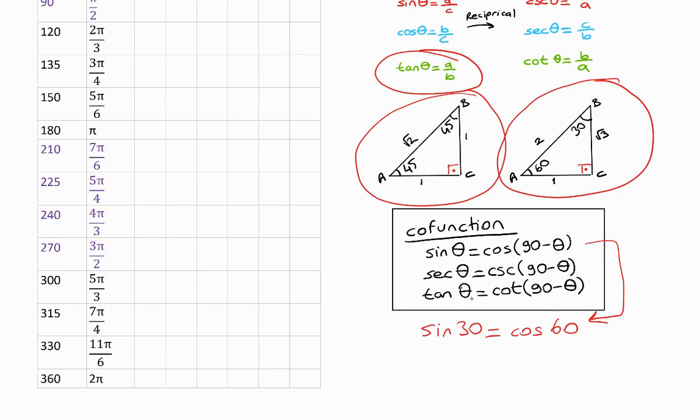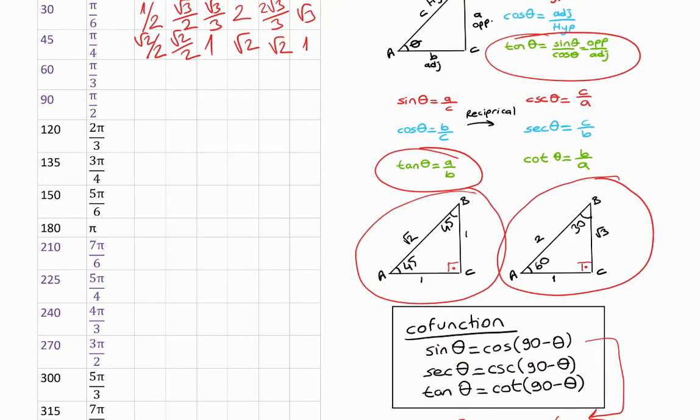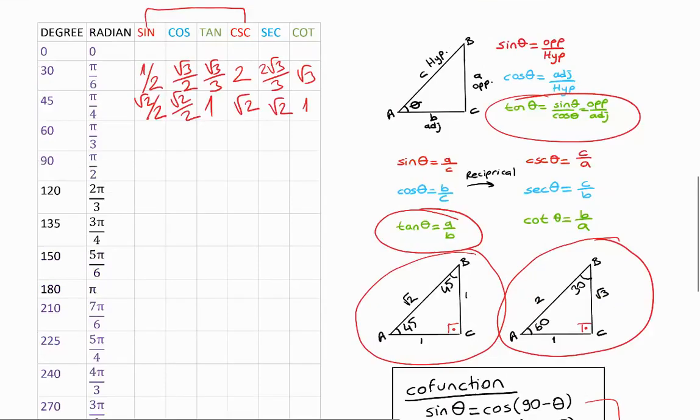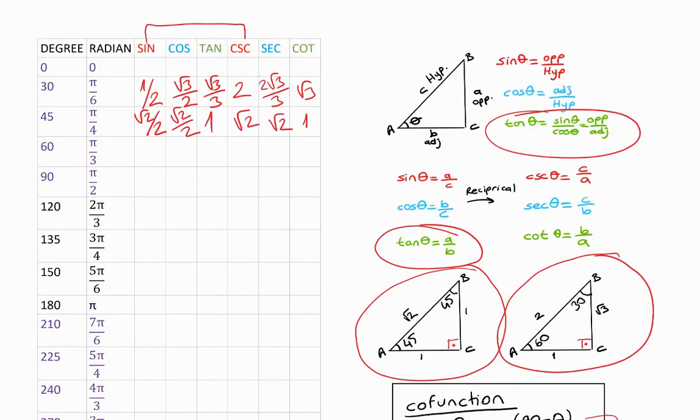For the secant, same: secant 30 degrees is equal to cosecant 60 degrees. So also we can use this information for completing this table, but I think we don't need it. We can use just the 2 special triangles and then fill in the rest of it.